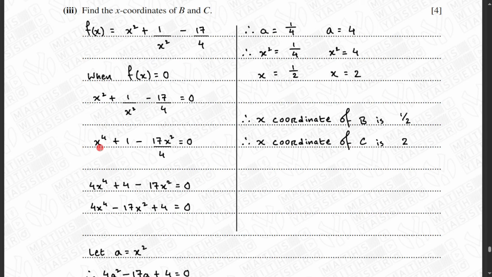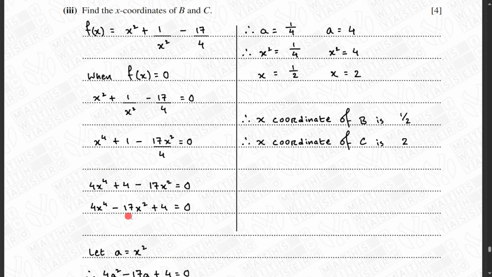Now if I multiply x square on both sides of the equation, I get x to the power 4 plus 1 minus 17x square by 4. Now if I multiply 4 to both sides of the equation, I get 4x to the power 4 plus 4 minus 17x square equals 0.